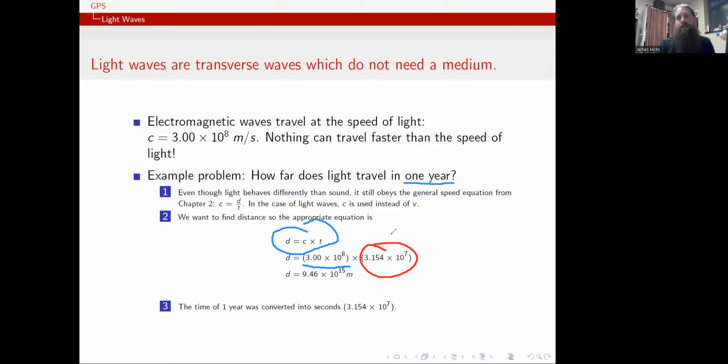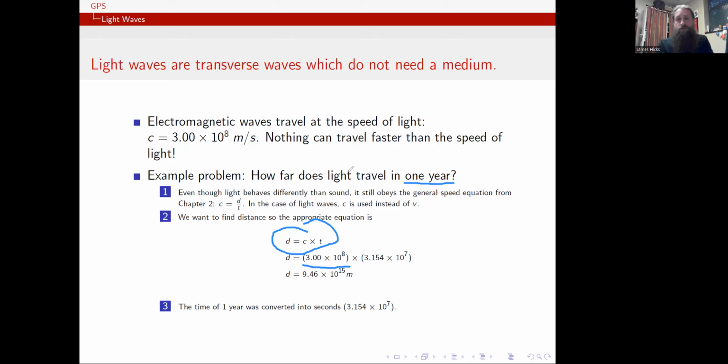I'm not going to work out all the details here, but 365 days in a year, a day is 24 hours, an hour is 60 minutes, a minute is 60 seconds. So you've got to go through year to day to hour to minute to seconds, and you end up with this many seconds in a year.